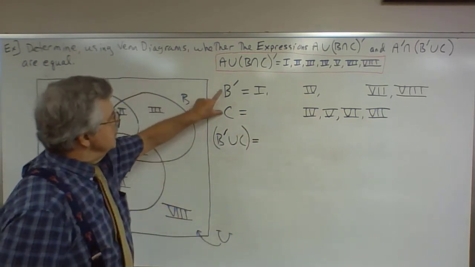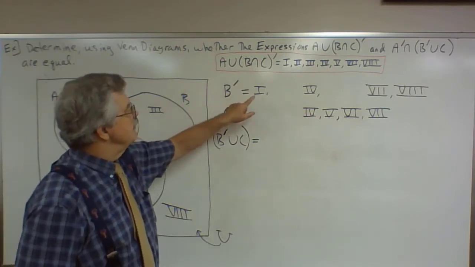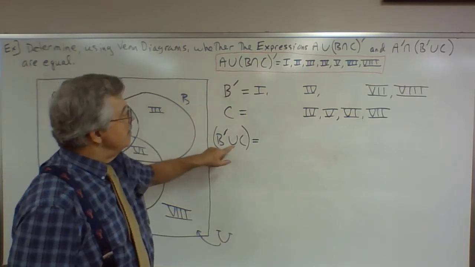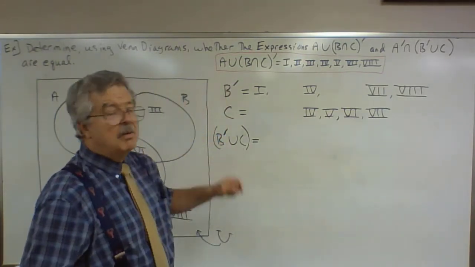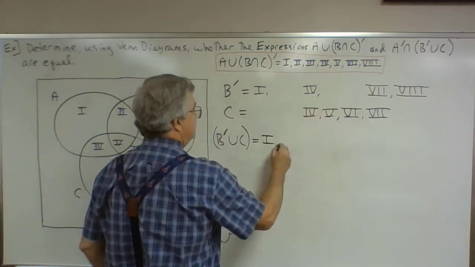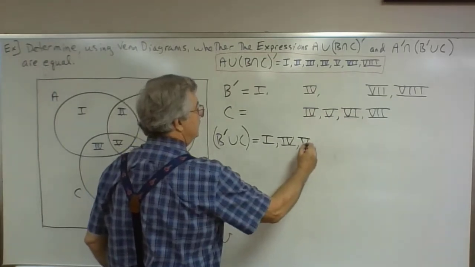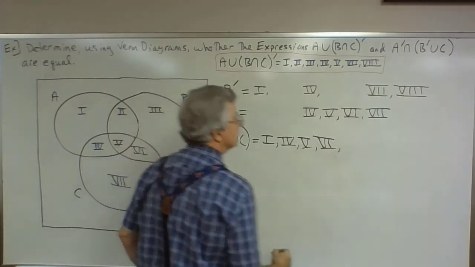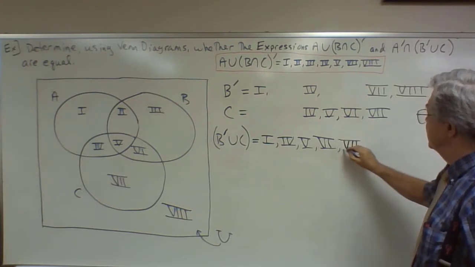The union of these two sets consists of all of the regions that are in B complement, plus all of the regions that are in C, or both. And we have region 1, we got region 4, we got region 5, we got region 6, 7 is in both, so we can definitely put that down.